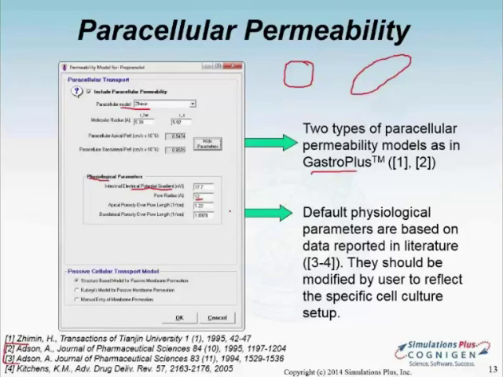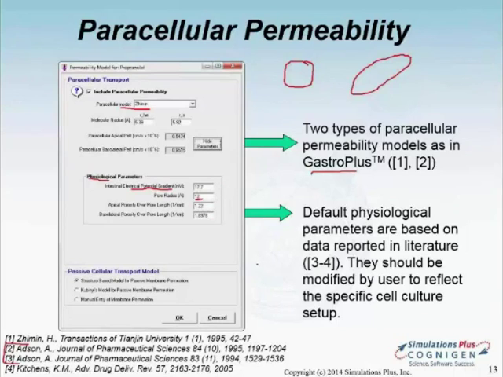As you know, depending on the culture conditions, type of the cells that you are using, time of the culture, all of those could contribute to quite different conditions for the paracellular permeability in terms of the tight junctions, pore radii, porosities, and so on. So this is a set of physiological parameters that you should be calibrating for your own cell culture setup, and the way to calibrate them is running paracellular markers.